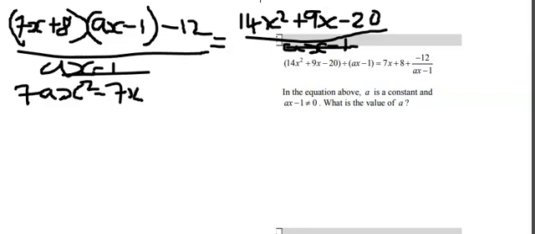Then 8 times ax gives us 8ax, and 8 times minus 1 gives us minus 8. Then minus 12. Are we there? That's what we have.